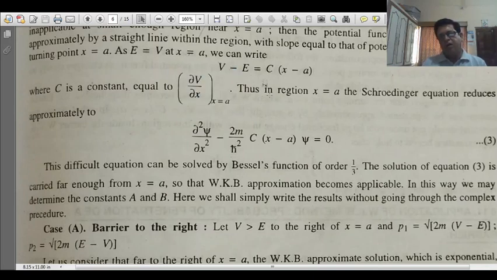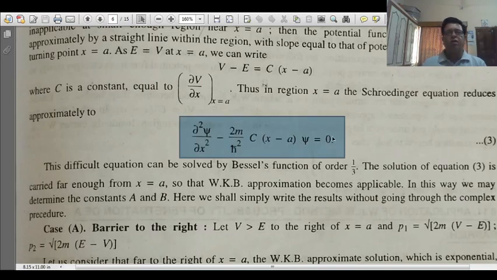Hence, near x equal to a, the one-dimensional Schrodinger equation reduces approximately to del 2 psi upon del x2 equal to twice m upon h cut squared times C(x minus a) psi.